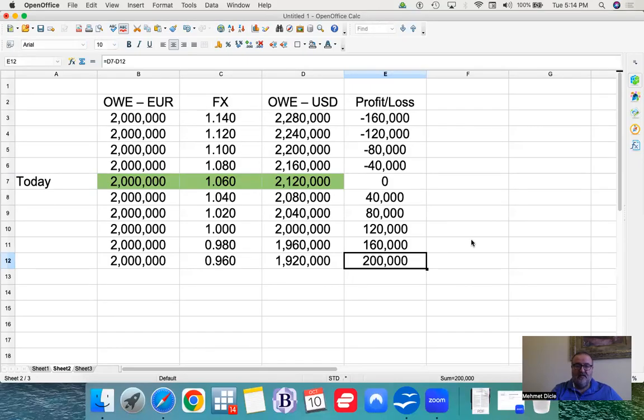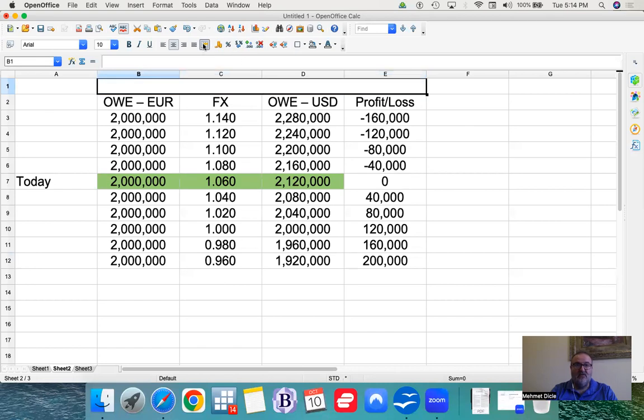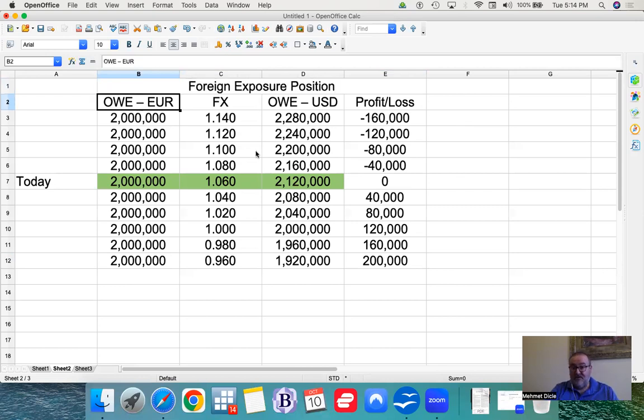So once we realize that this is our position, let's call this foreign exposure position. Now we need to hedge this, right?